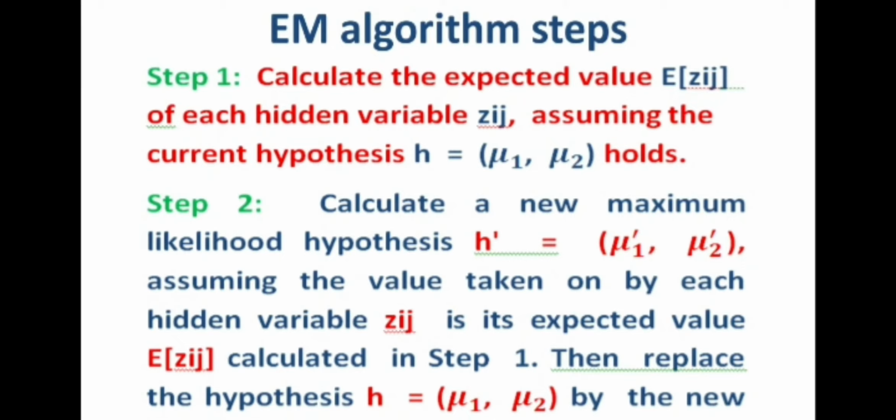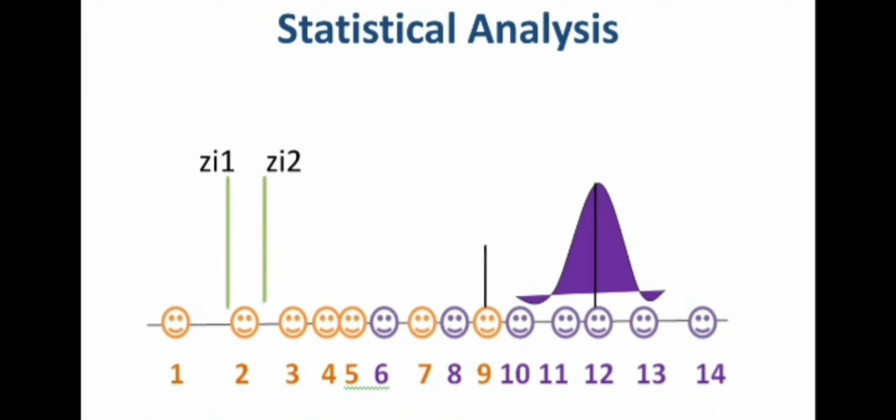The first step is the expectation step, where the hidden values z_i1 and z_i2 are considered for each normal distribution. In this case we can't explicitly see the hidden values, but based on the hidden values we get the likelihood for that particular person. So based on the hidden values we calculate the expected value using the first step of the EM algorithm.